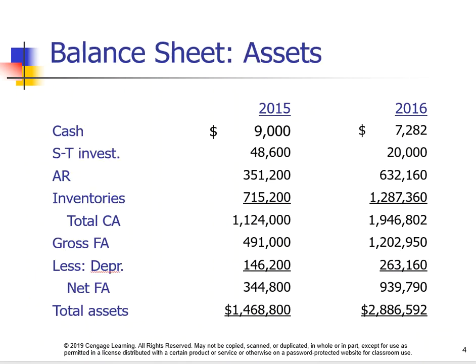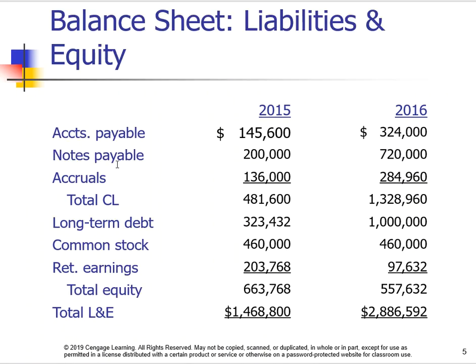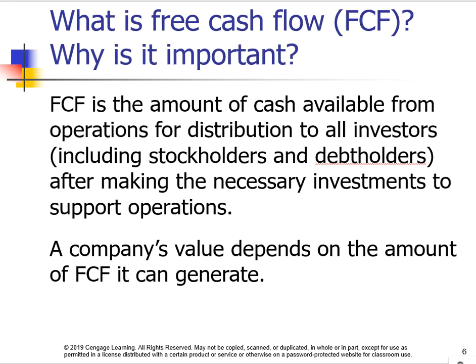So here's a picture of their balance sheet, and this is at the top of page 97. Current assets, total assets, and then here we've got the liabilities and the equity. Again, you can see that total liabilities and equity went up by a lot, just like the sales did.